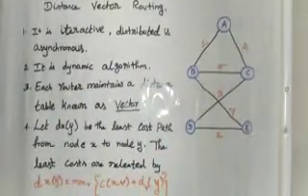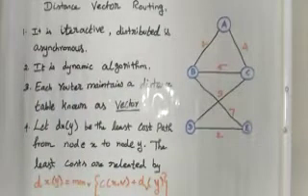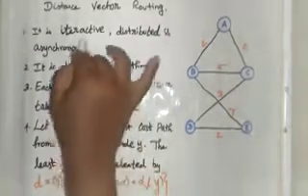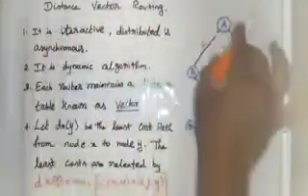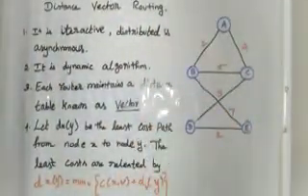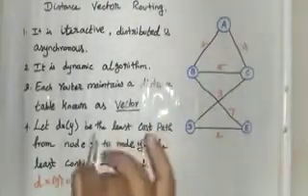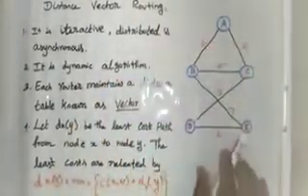So a question will arise: what is meant by iterative? One of the best parts of this distance vector routing algorithm is that unless and until it gets all the updates, the process will keep on continuing.